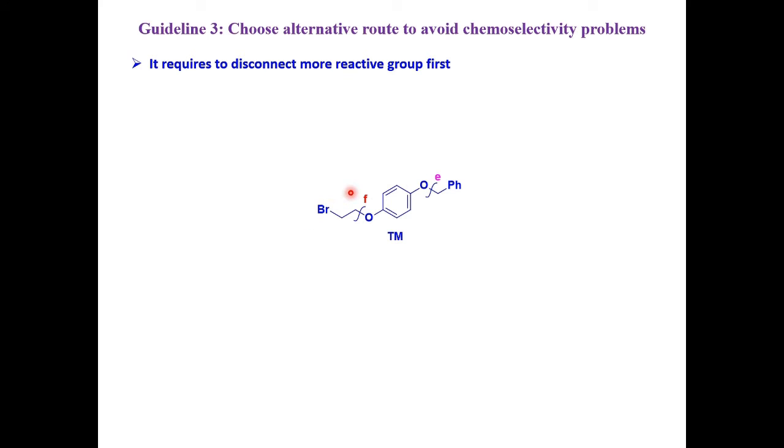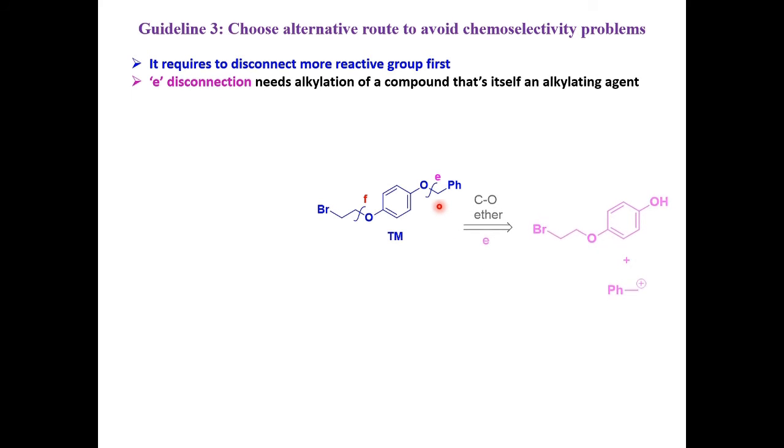This bromoethyl group is more reactive than the benzyl group. Let's see the cleavage E first. When you cleave this CO bond, you will get these 2 fragments: the phenol as the chemical equivalent, and a benzyl cation, so it will be the benzyl bromide.